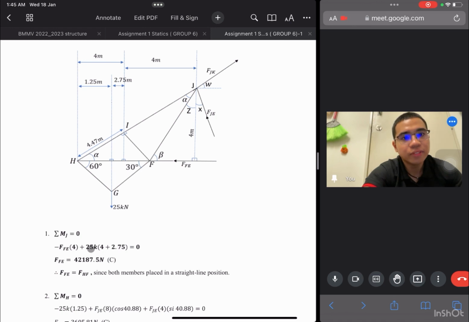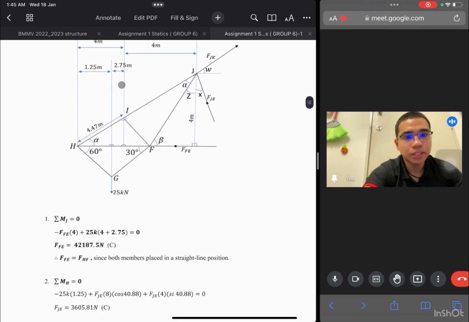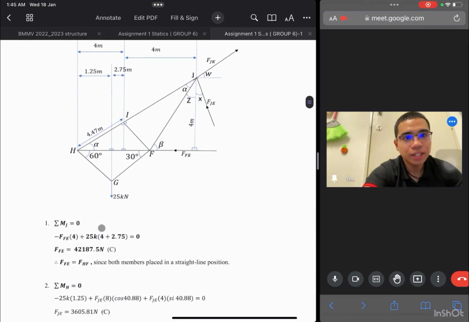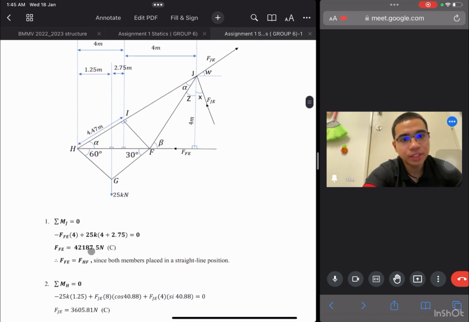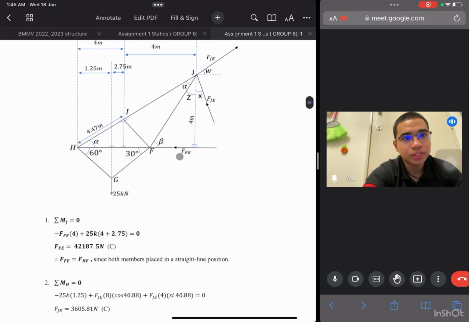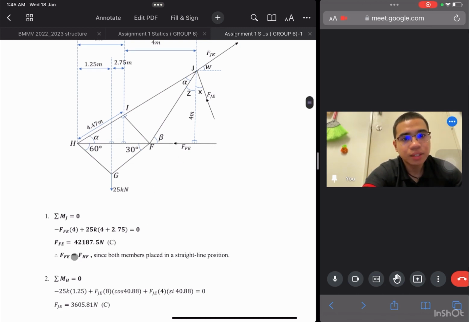Plus 25 kilonewton will make anti-clockwise, so it's positive, and the perpendicular distance of 25 kilonewton is 4 plus 2.75. So we'll get FE. FE is 42,187.5 Newton. So we can see from this direction, this is a compression.